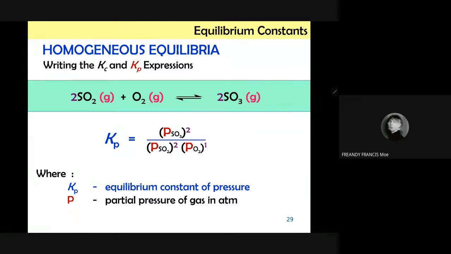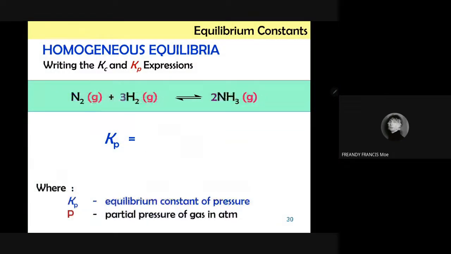Paling penting dalam chapter ni mostly macam mana nak tulis Kp, Kc dan kira nanti. Calculation. Itu je yang penting for now. Now try to write this one down pula. Kp untuk this one. So kalau power dia 1 tak tulis pun tak apa kan? Yes, tak apa. Kalau power 1 tak tulis tak apa.